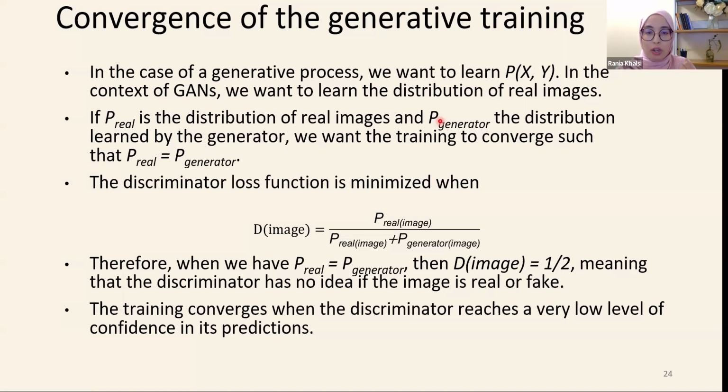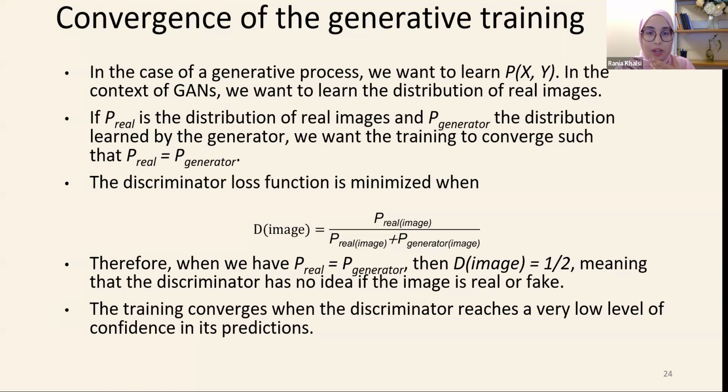We want the training to converge such that P real is equal to P generator, which means that we can't distinguish real from generated images. This mainly happens when it converges after multiple steps.